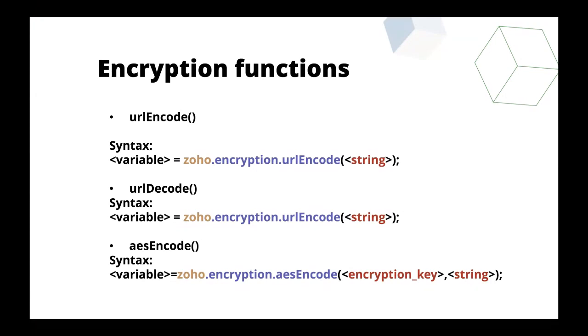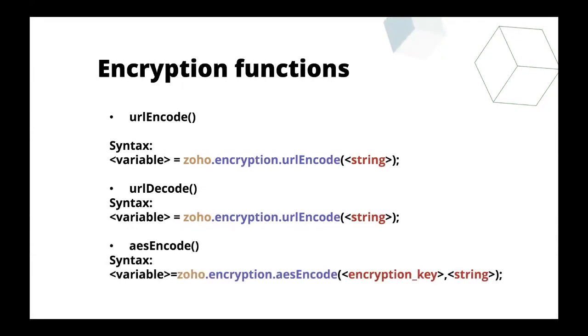Different APIs require different standards, and we support quite a few of them. So we'll be talking about 3 of them here. The URL encode function is used to encode special characters which are used inside a URL. These special characters could be your ampersand or your space characters.